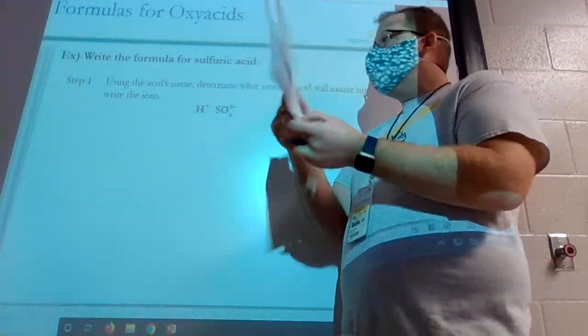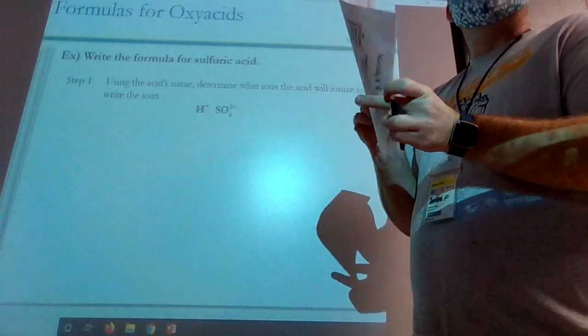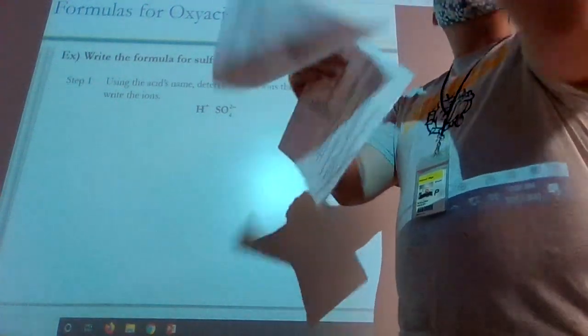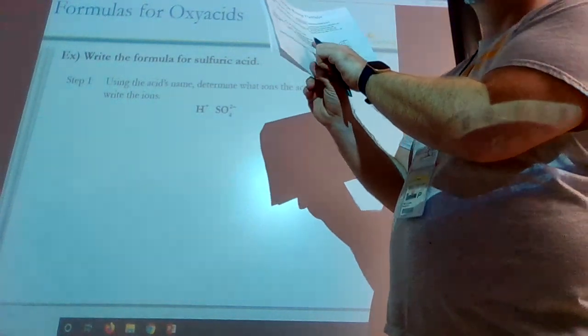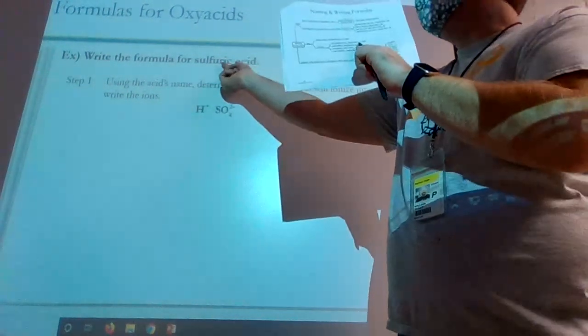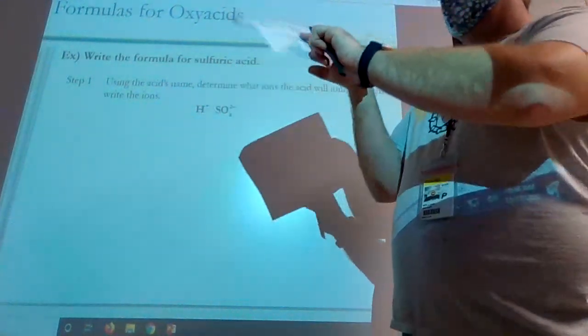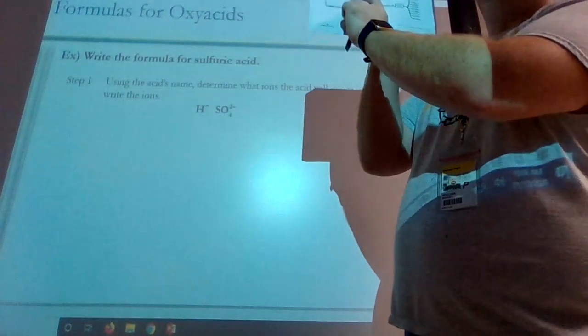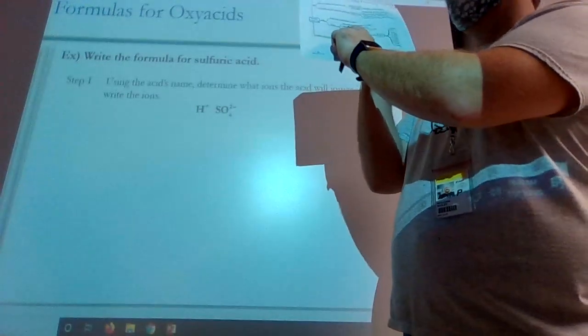And if you go to that chart, how would you know this? You're actually going to need multiple charts here. But on the chart we were just on, it tells you that the acid that has only the ick stem, no per in front of it, just the ick, comes from the oxyanion that says ate. Does everybody see that? Ick comes from ate.